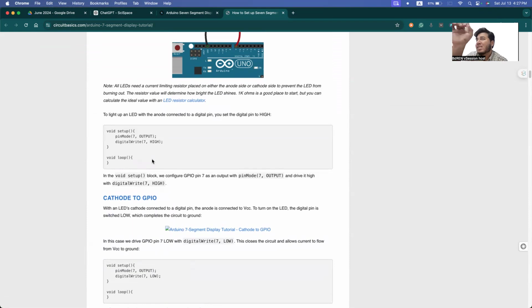If there is a single LED and a single-time operation that does not contain any repetition of work, then you don't need to go for the loop, so the loop is empty. You just declare the pin mode, and the task is to digital write 7 high, which means making digital pin 7 of the Arduino high.